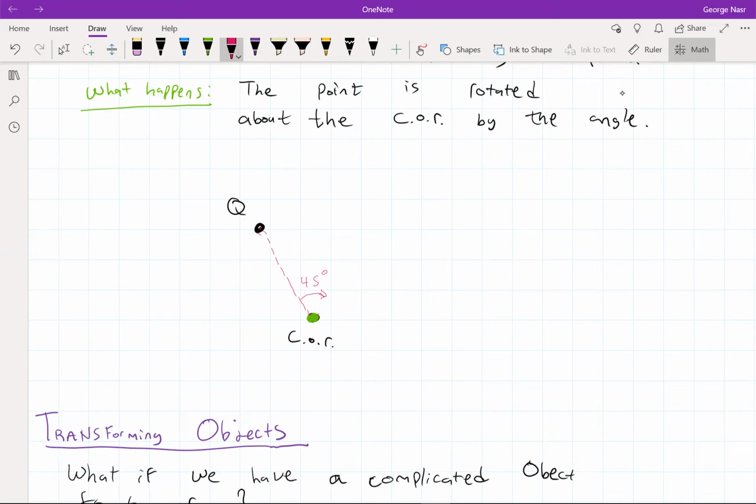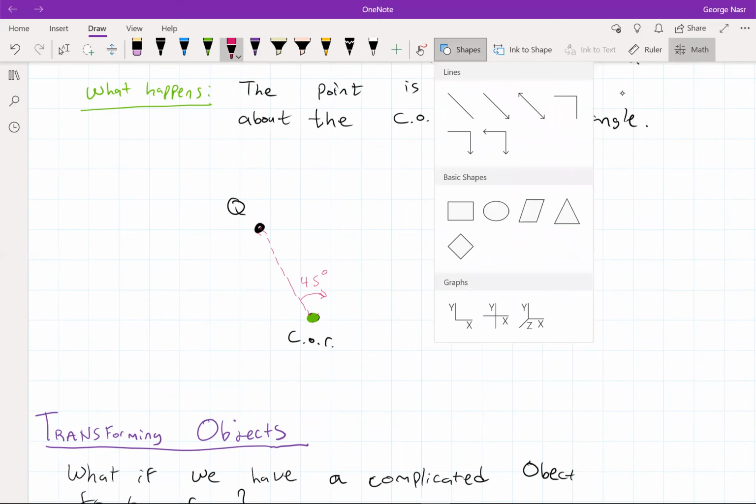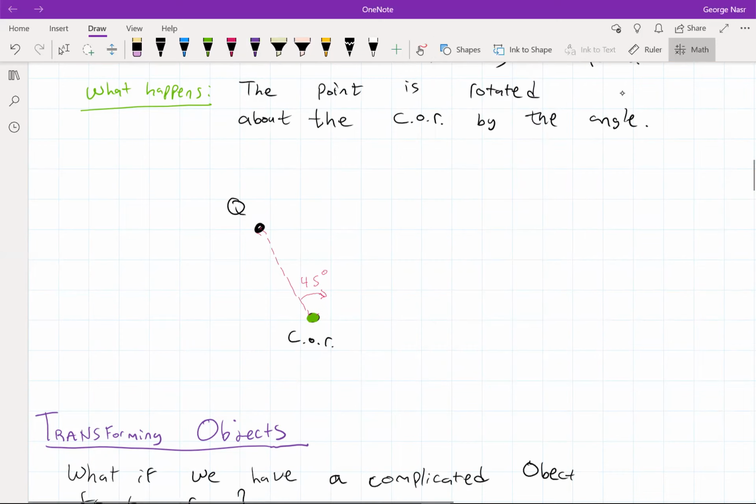This should remind you of something we did on day one when we were talking about what an angle means. What does it mean to have an angle? It means I rotate about a center by so many degrees. So I want to imagine that, using this arrow, I am going to literally sweep through this 45 degrees. That's how I rotate.